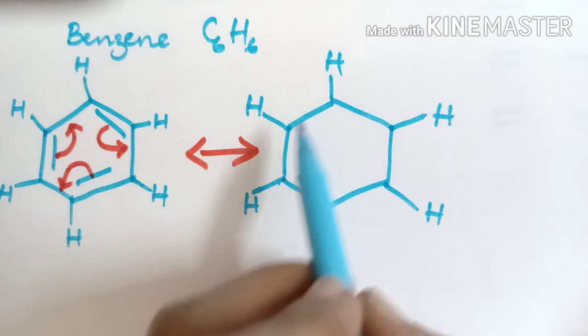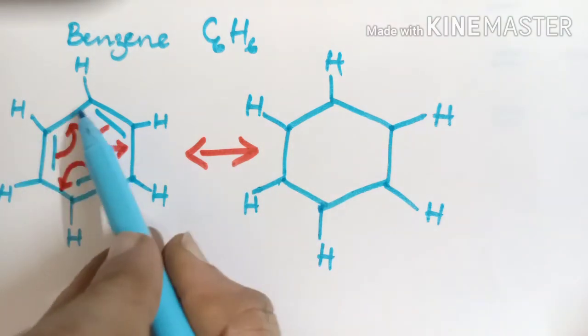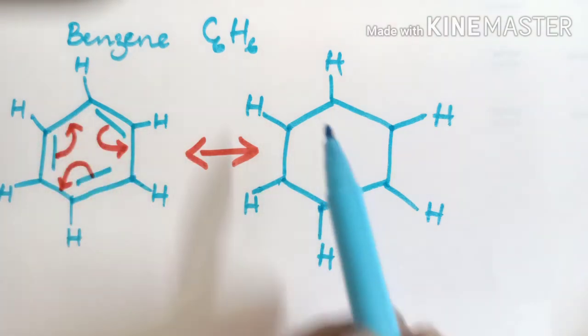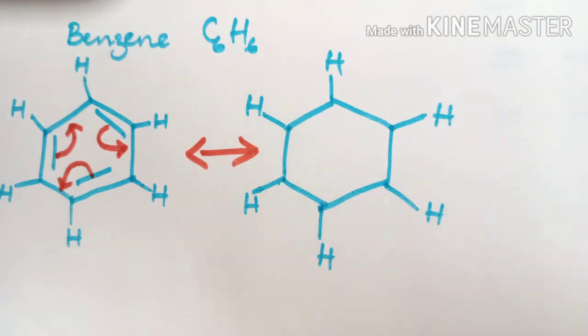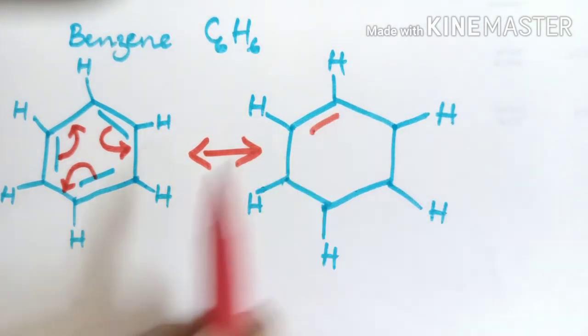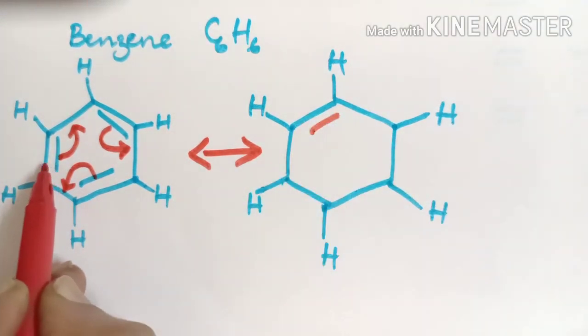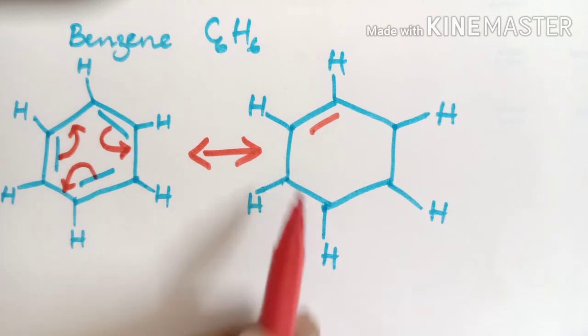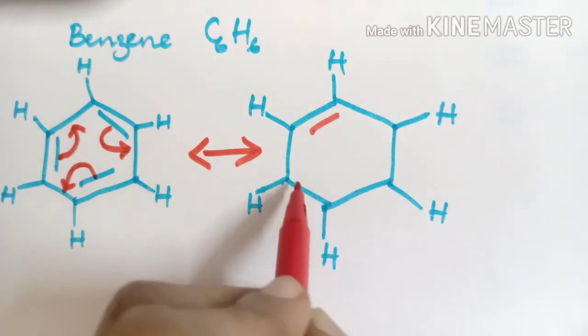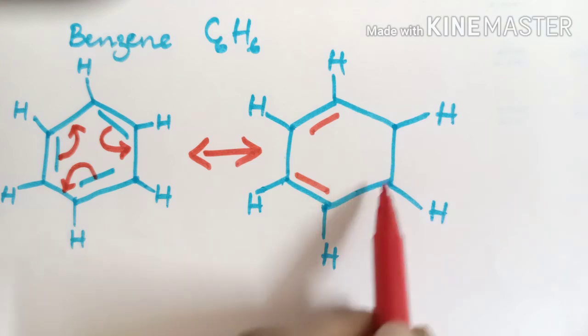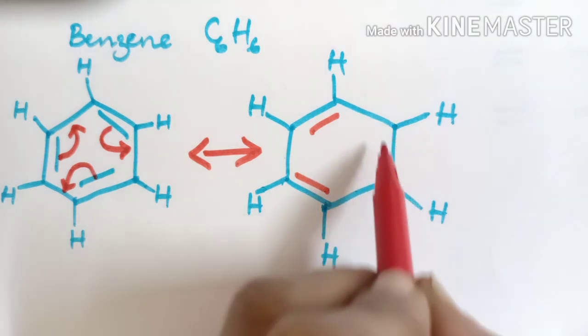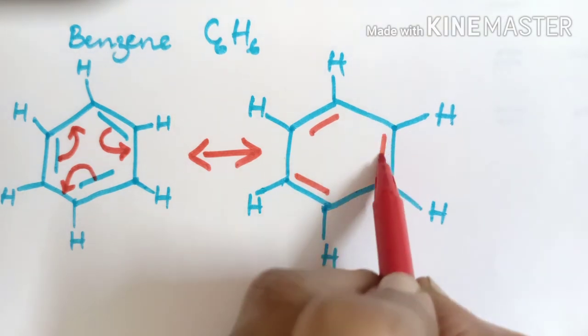Here, in between we had only a single bond. Now it has been converted to a double bond. This was earlier a double bond, and it has become a single bond. Now this has changed to a double bond. Likewise, this single bond becomes a double bond.